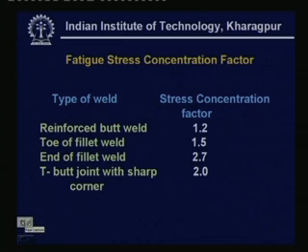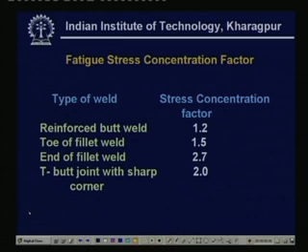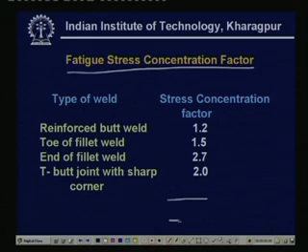Now, we come to the fatigue stress concentration factor. There may be stress concentrations. If you consider a butt weld, there may be a stress concentration because of the abrupt change in geometry.